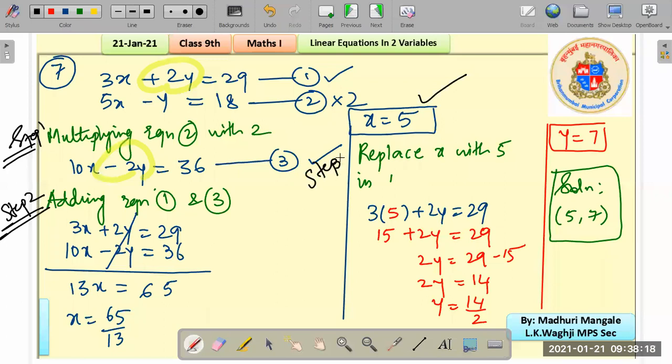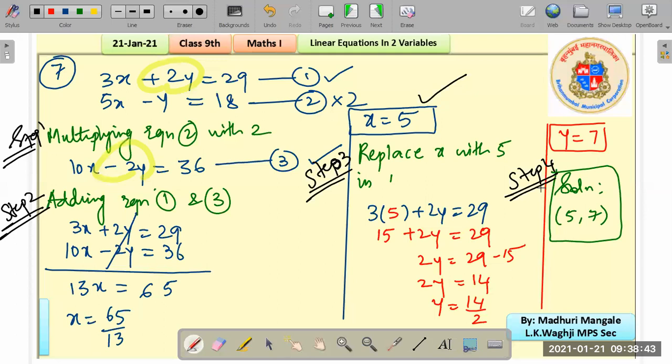And then step 3, replace that value of x or y in any one of the equations to get the other variable. Substituting x, we got y here. And the last step, step 4, you get the solution in x comma y format. Write it with the brackets and the numbers separated by a comma, like that.